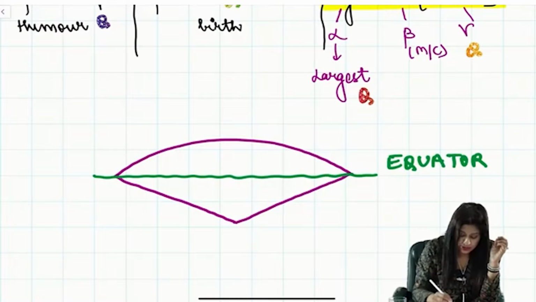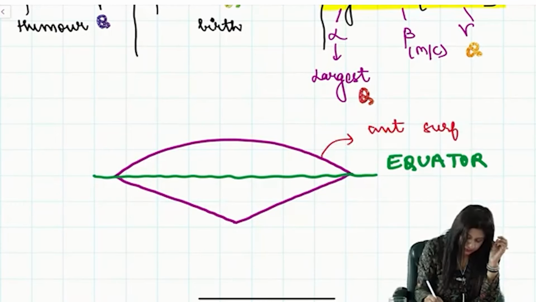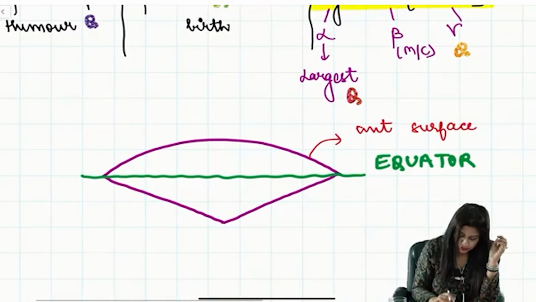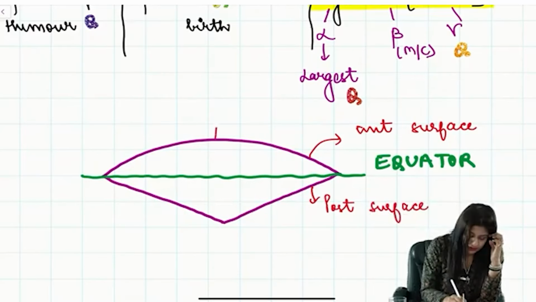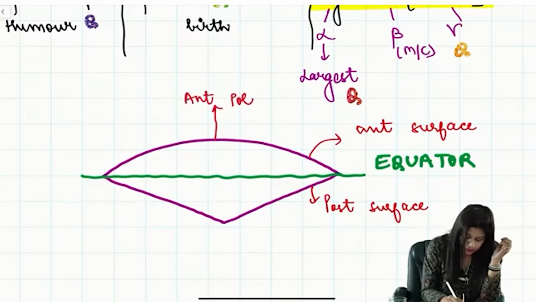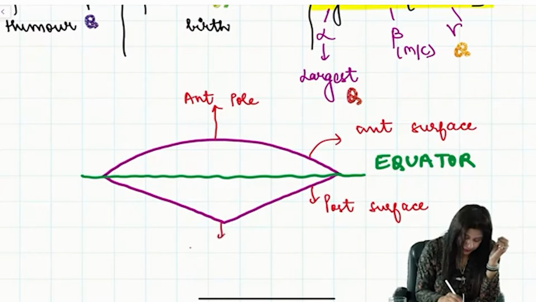So I can say that this is the anterior surface, this is the posterior surface, while these are the poles. We have anterior pole, posterior pole.